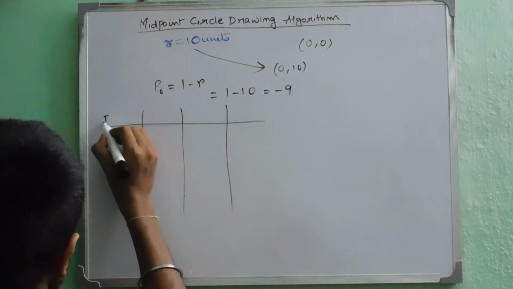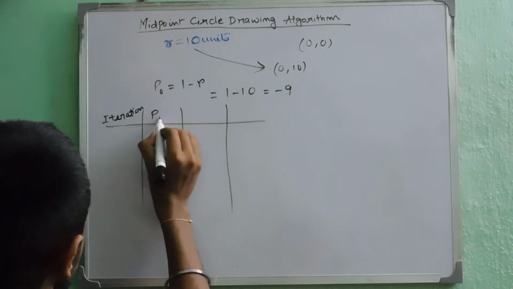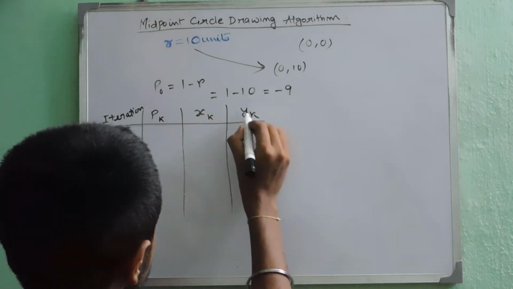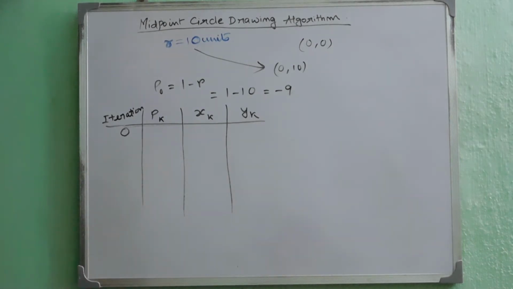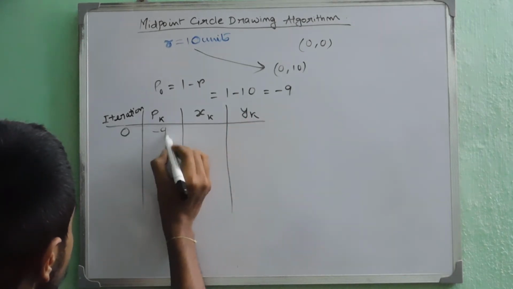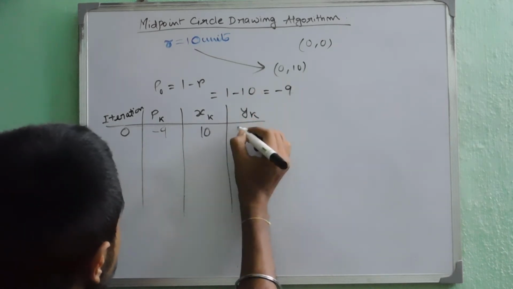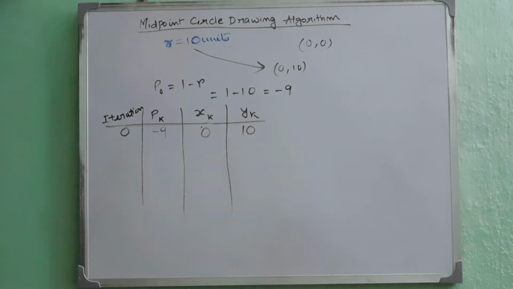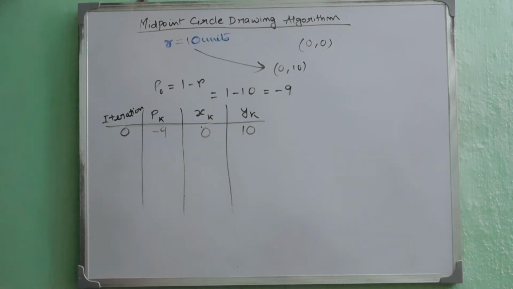This will have iteration, decision parameter, x, and y. So initial iteration number 0: our p here is minus 9, and our initial points are 0 and 10. So we will write 0 and 10 here.